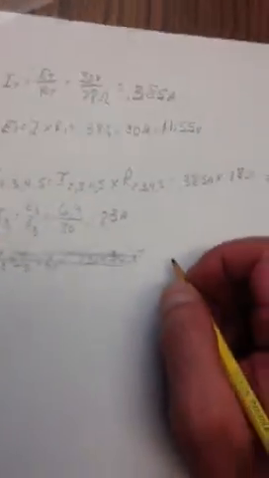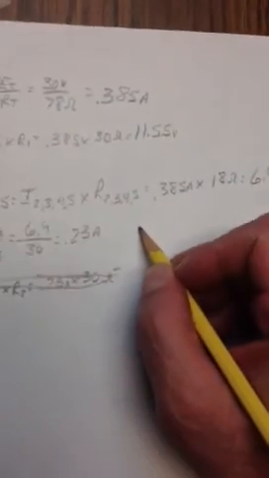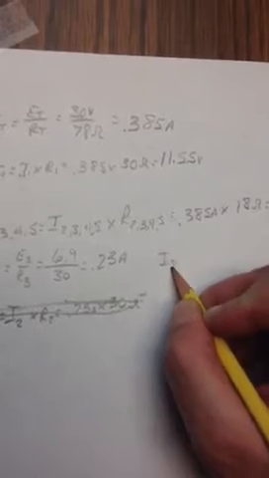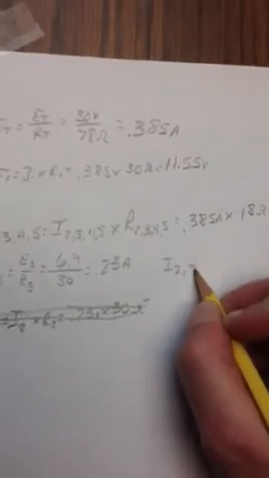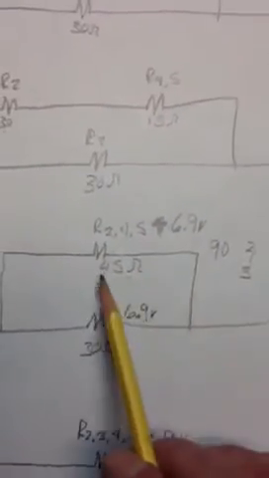Okay. What I needed to do was find my current I2, 4, 5 right here. So I need to take that 6.9 volts divided by 45 ohms, right?